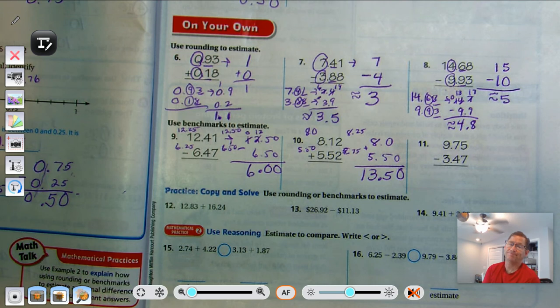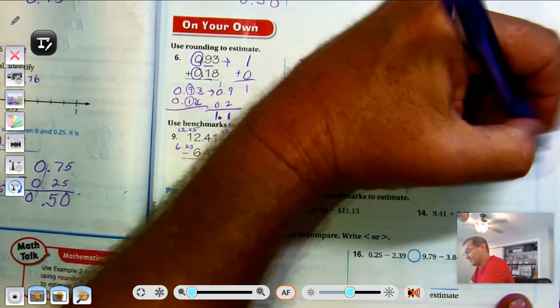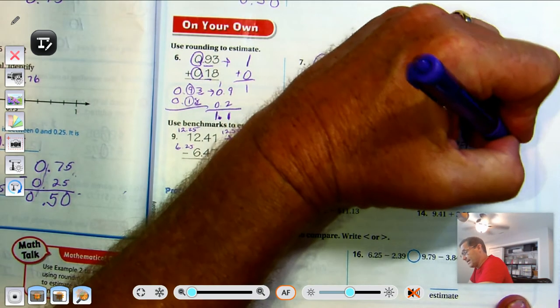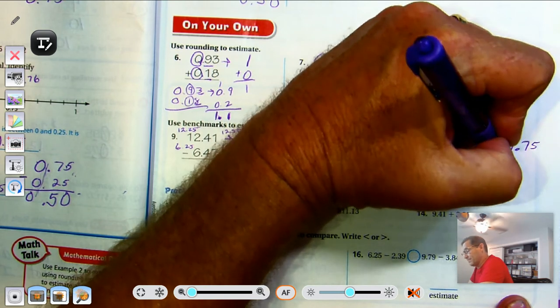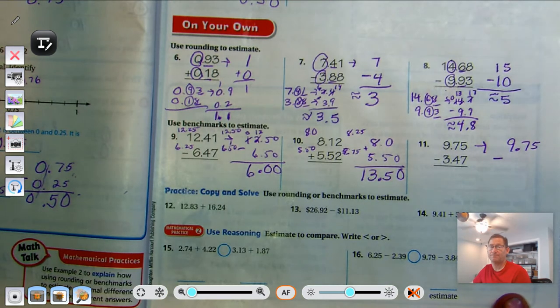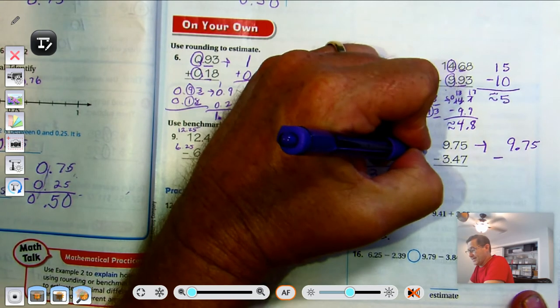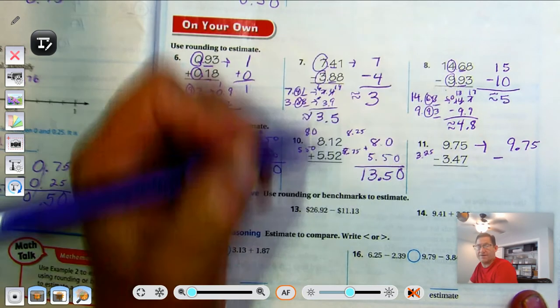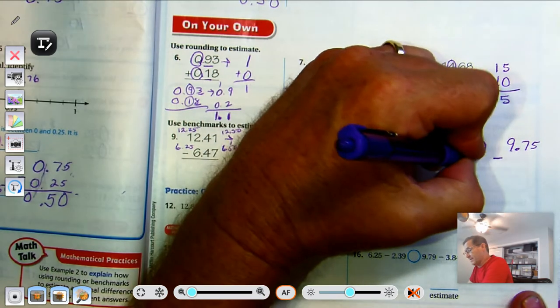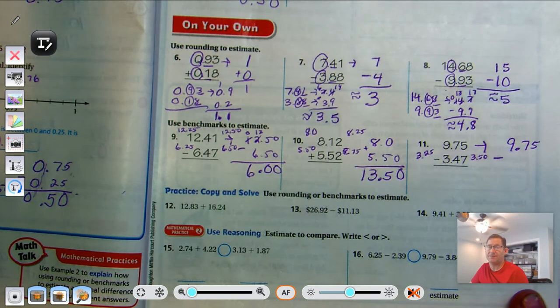Number 11. Well, this one's already at a benchmark. 3 and 47 hundredths. That's between 3 and 25 hundredths and 3 and 50 hundredths.